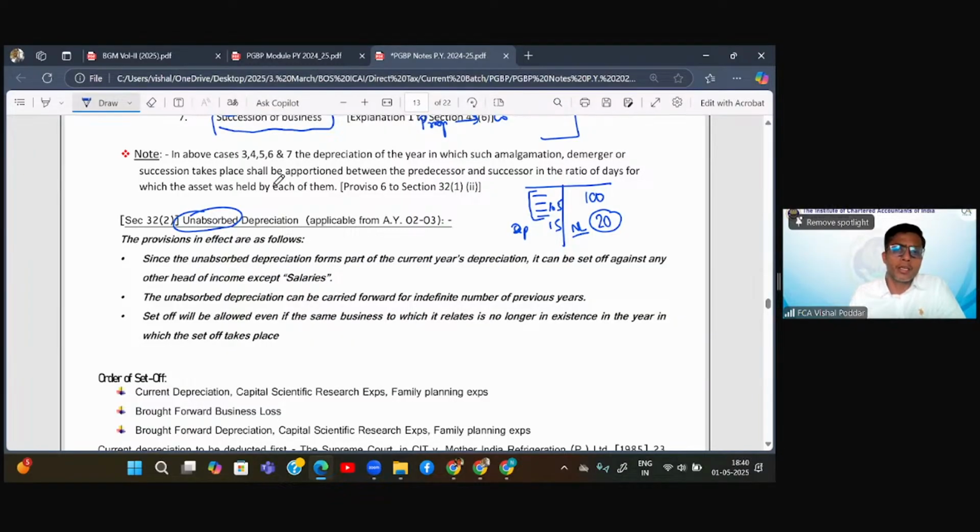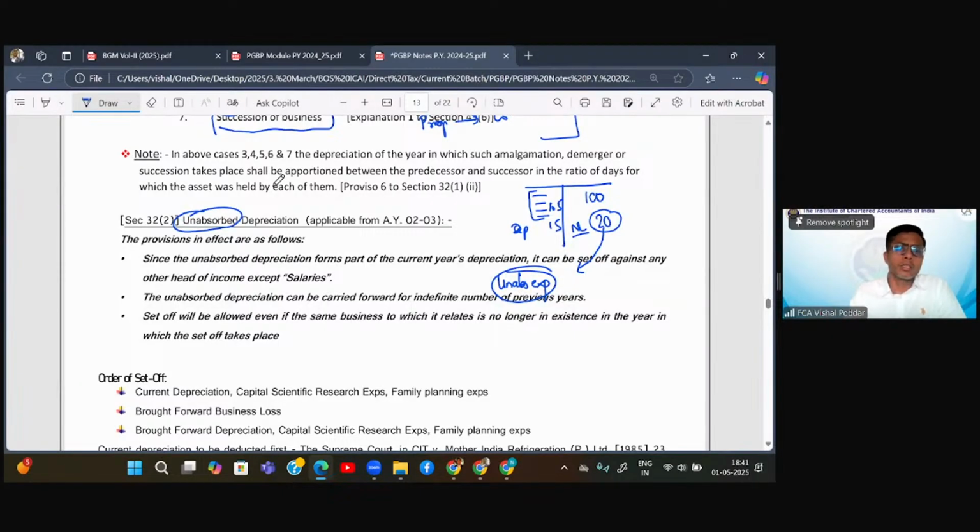We will say that you could not absorb your 20 rupees of expenses. So 20 rupees is your unabsorbed expenses. Unabsorbed means you could not manage the expenses out of your revenue because the revenue was less. That is why it is called unabsorbed.